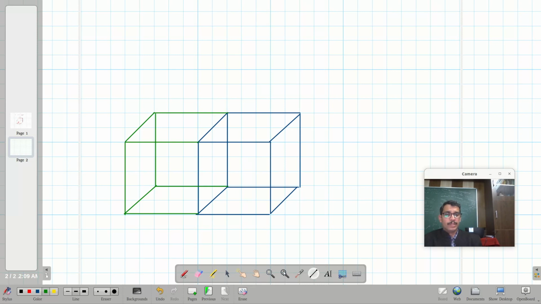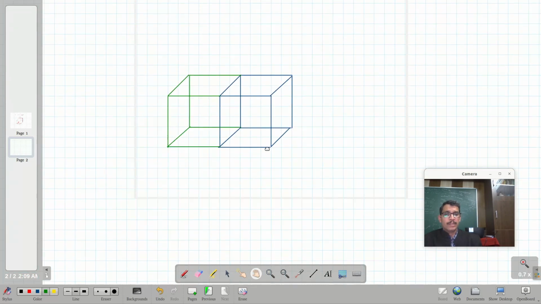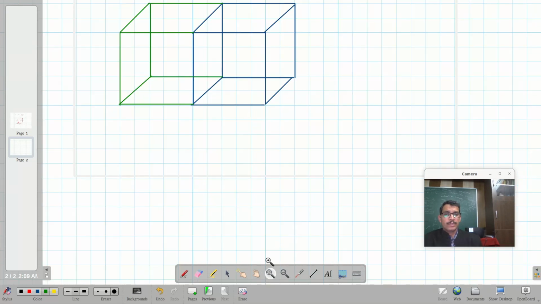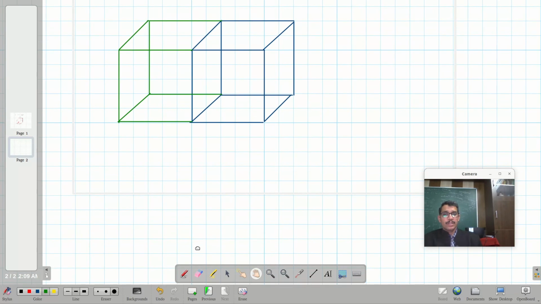A very interesting thing which we have to keep in mind. This is a very interesting structure. Similarly, let me draw another this way.